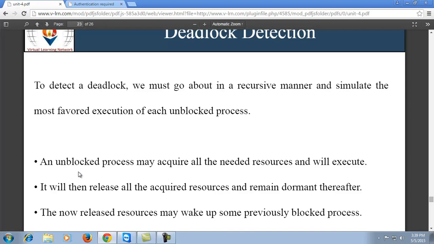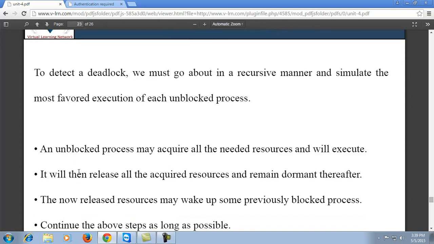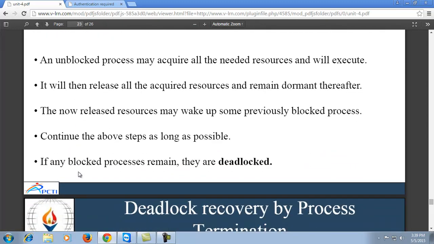The now released resources may wake up some previously blocked processes. Continue the above steps as long as possible for prevention or avoidance of deadlock. If any blocked processes remain, they are deadlocked.